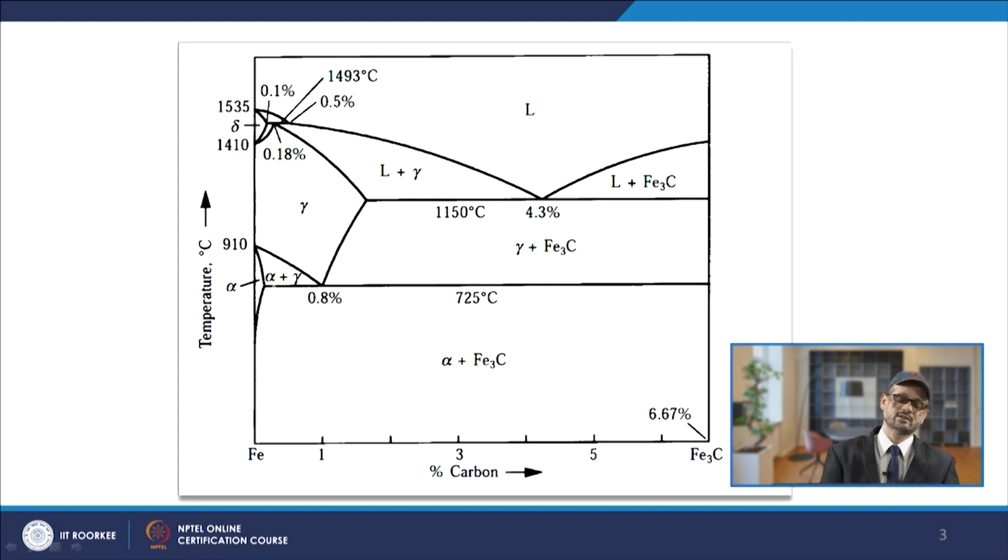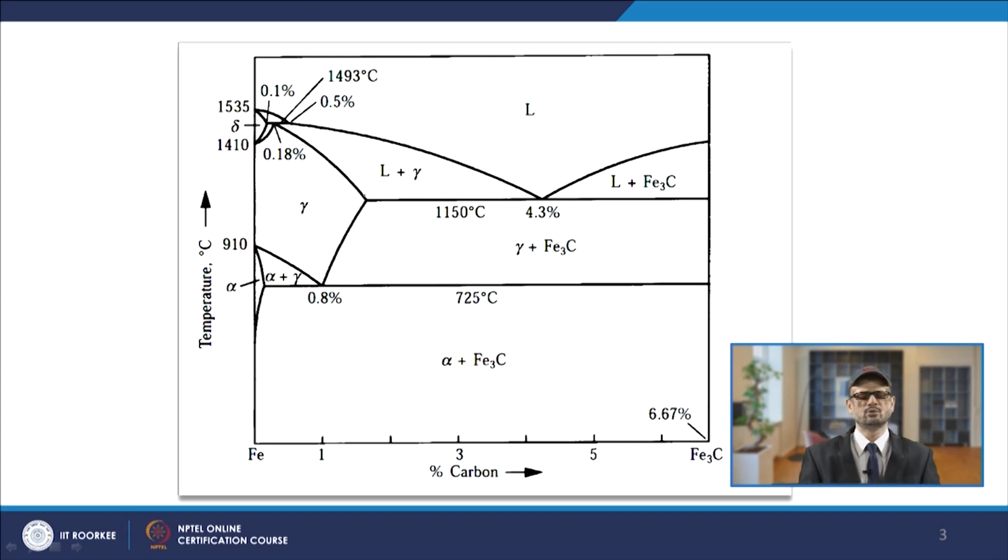At room temperature the solubility of carbon is very small, 0.002 percent. As we increase the temperature the solubility changes, and it is different for the different allotropic forms of iron. Suppose this is gamma iron; here you can have the maximum solubility, of the order of 2% at this temperature.